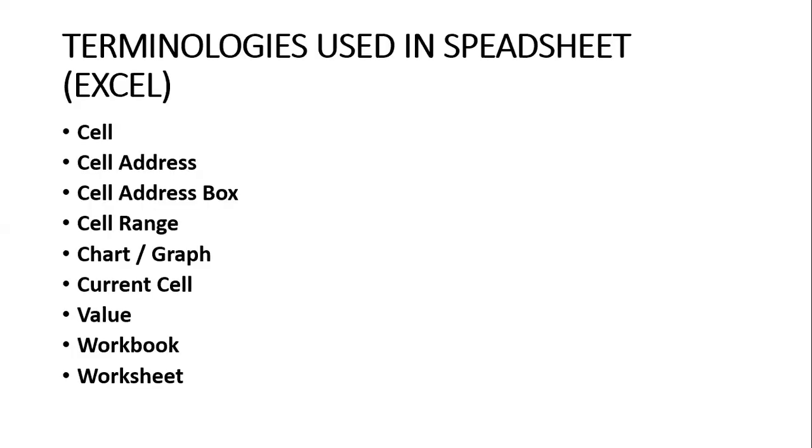Now, the spreadsheet terminologies that we're going to discuss are as follows: cell address box, cell range, chart or graph, current cell, value, workbook, and the worksheet. Let's see them, taking as an example our spreadsheet program.